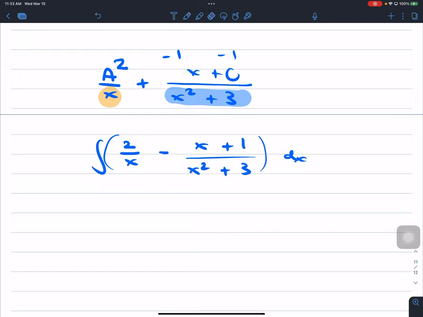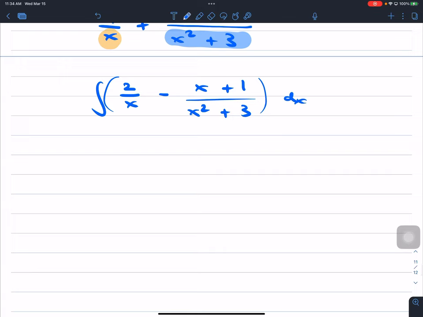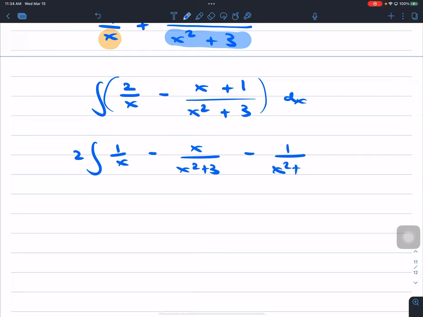Because this is going to be -1 and this is going to be -1. All I did was factor out the -1 here. Now, you might say, well, what does this become? Well, this is the integral of 1 over x minus, well, what? x squared plus 3. That's -1 over x squared plus 3 dx. Double check by your algebra there.